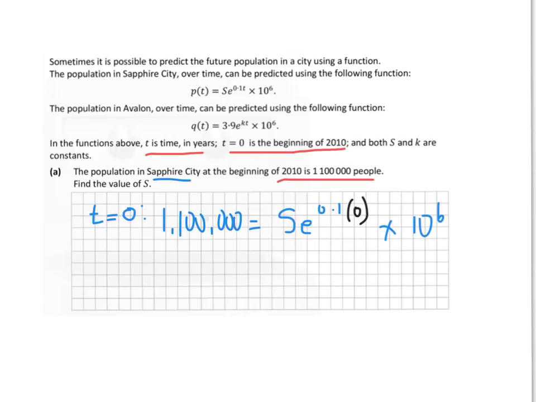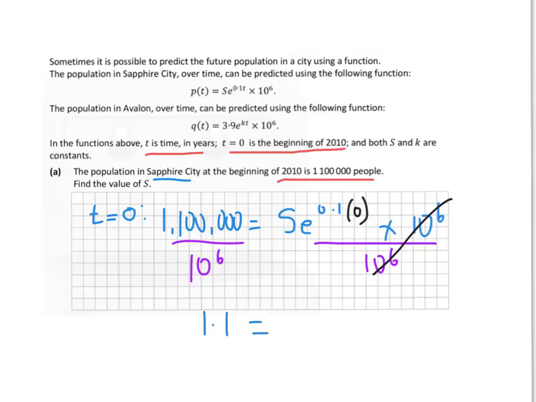So here, just to make things a little bit easier, I am going to divide across here by 10 to the power of 6 to get rid of that. So that's going to cancel that here. And 1.1 million divided by 10 to the power of 6 leaves me with 1.1.